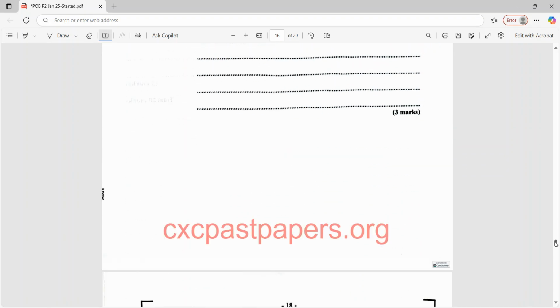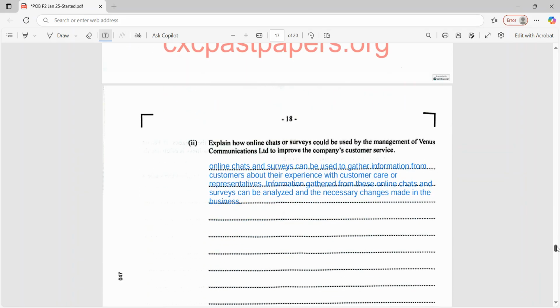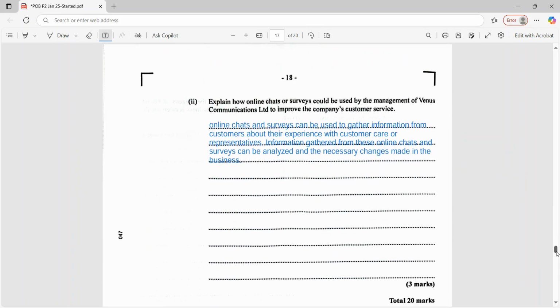All right, so when you get questions that you may not fully understand, try to put it in a way that you would be familiar with. Now it says explain how online chats or surveys could be used by the management of Venus Communications Limited to improve the company's customer service. Just like Google reviews, if you have online chats and surveys that go to the customer after they have dealt with customer service, it's going to gather information about their experience with the customer care representatives.